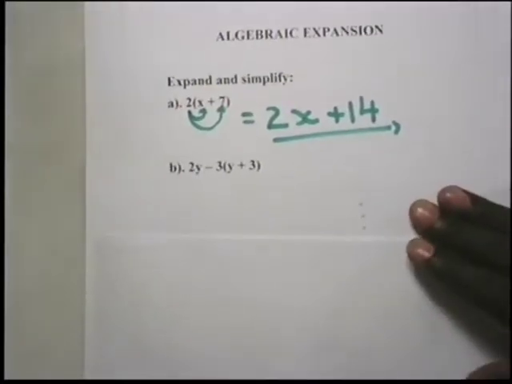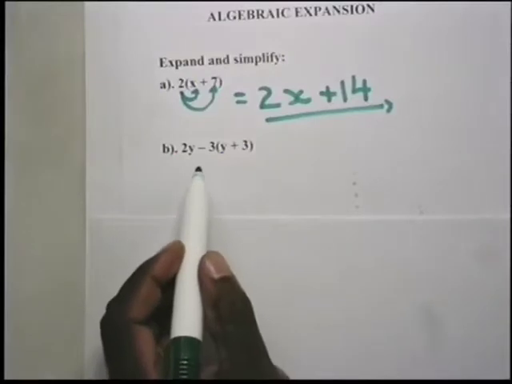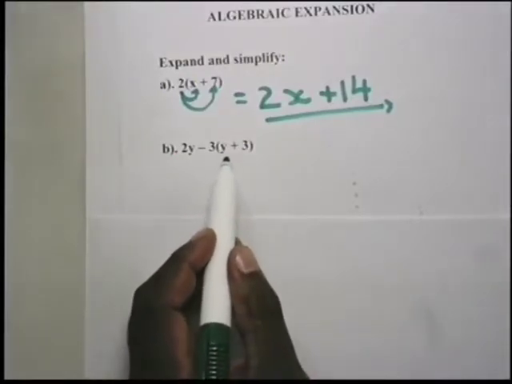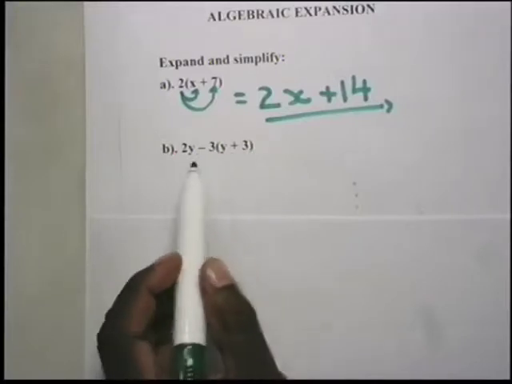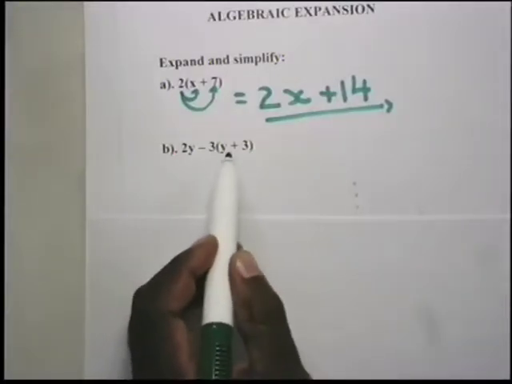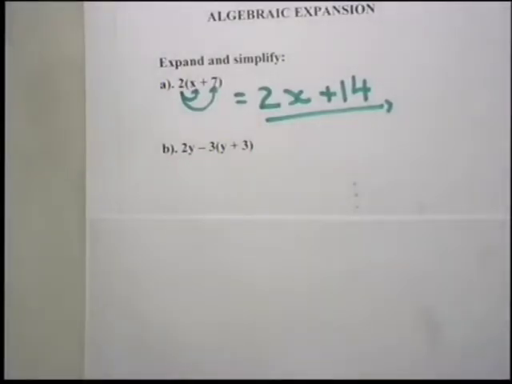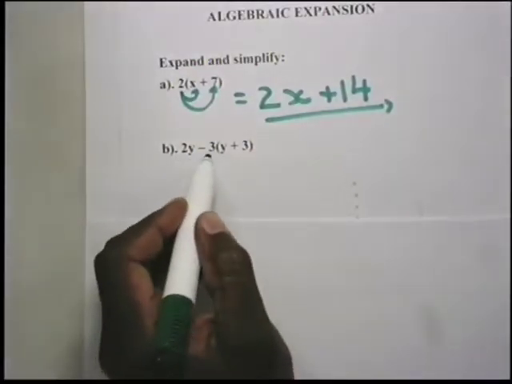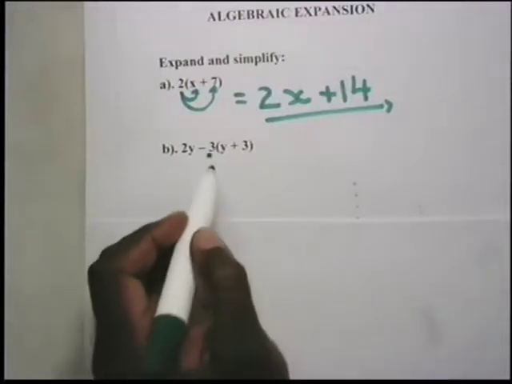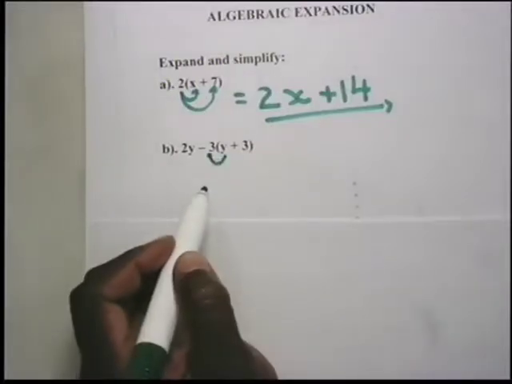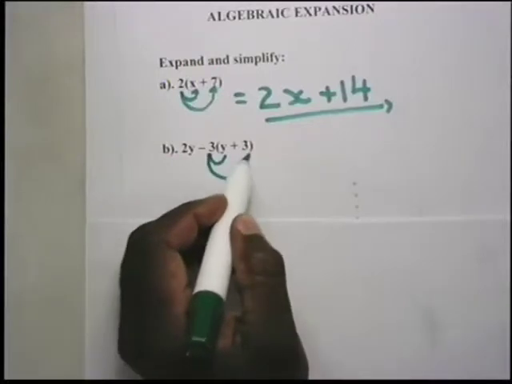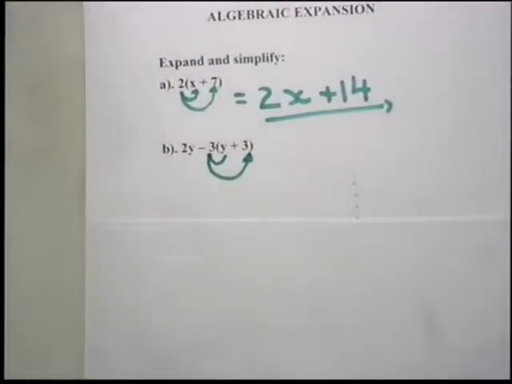Suppose we are given 2y minus 3, bracket y plus 3, close bracket. So suppose we are given that algebraic expression. What we need to do then is the negative 3 immediately in front of the bracket should be multiplied by the y, and it should also be multiplied by the 3 as a way of expanding, because brackets in mathematics means multiply.